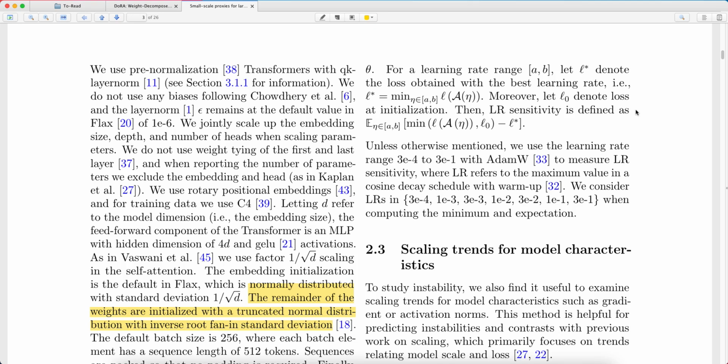Then, learning rate sensitivity is defined as the expected value of the minimum of either the given loss at a certain learning rate within [a, b], or the initial loss, minus L star, which is the loss obtained with the best learning rate.